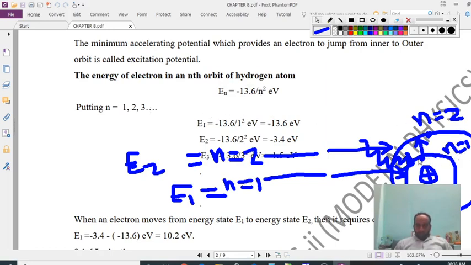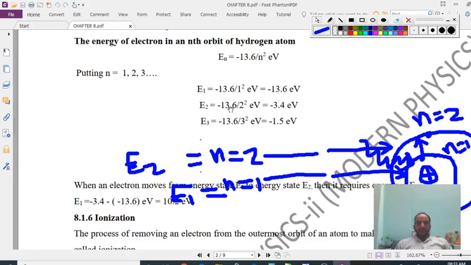For n is equal to 1, the electron in the first orbit has energy equal to minus 13.6 electron volt, and for n is equal to 2, in the second energy level, this value is minus 3.4 electron volt, and so on. For other levels, energy values can be calculated by putting the value of n in the formula.